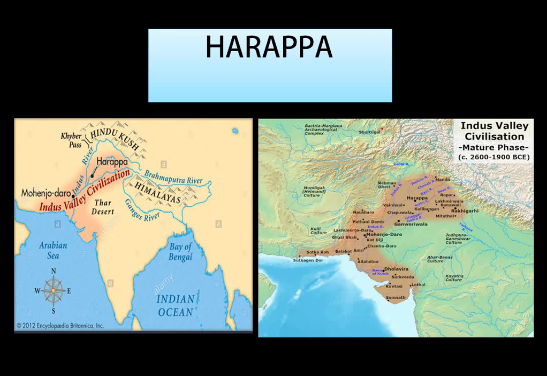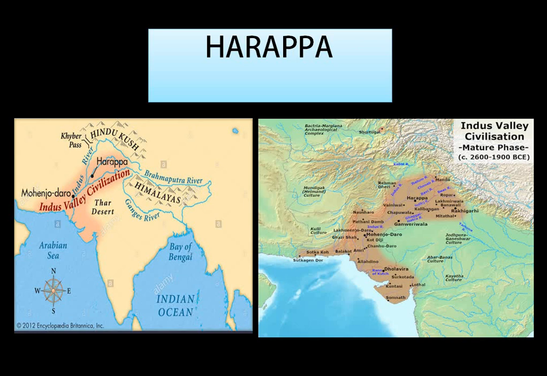Harappa in Punjab and Mohenjo-daro in Sindh are the two sites of Harappan civilization to be discovered first. Now they are in Pakistan. Lothal and Dhola Bira in Gujarat and Kalibangan in Rajasthan are among the famous sites of Harappan civilization in India.